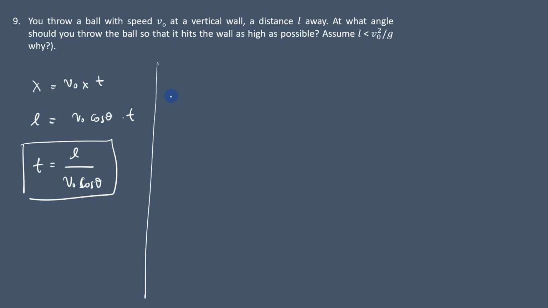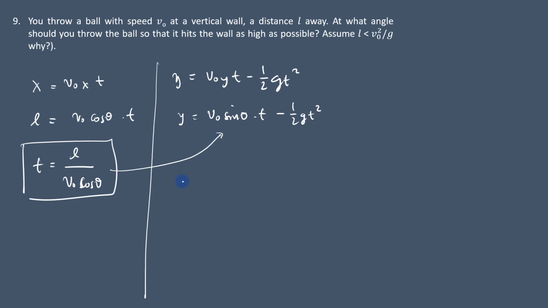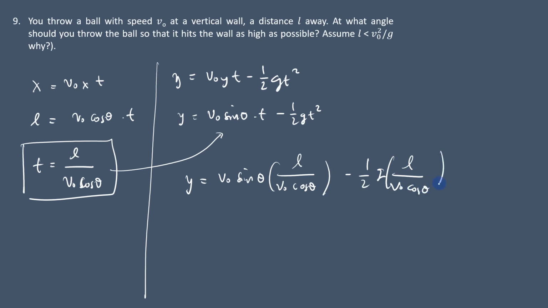We can write the vertical motion y equals V0y t minus 1/2 g t². Substituting V0y by V0 sin θ and plugging in our t, we get y equals V0 sin θ times L over V0 cos θ, minus 1/2 g times (L over V0 cos θ) squared.